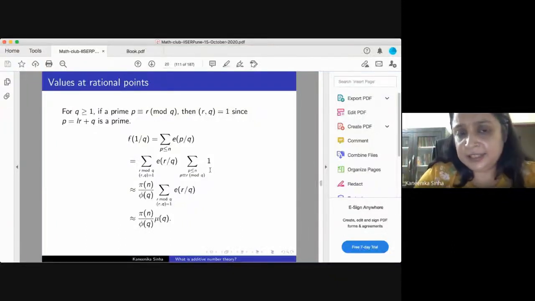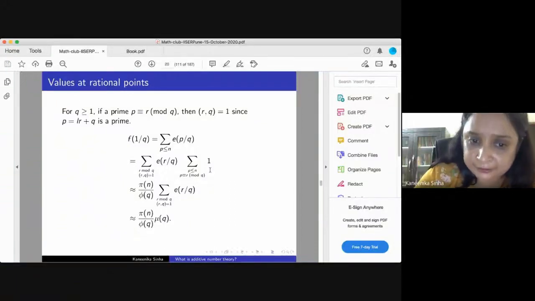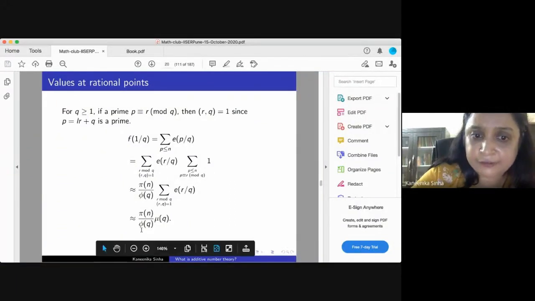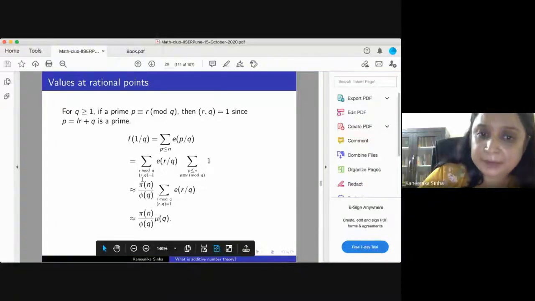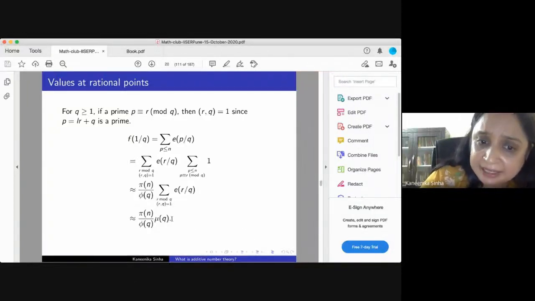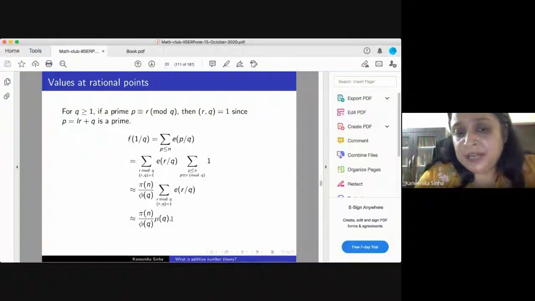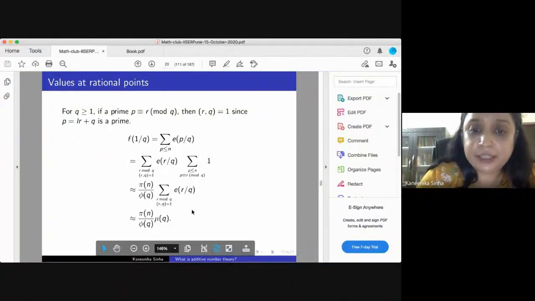And exactly as we did for q equal to 3, we end up getting pi of n over phi of q, where phi of q measures the total number of co-prime residue classes mod q, times a number which takes the value 1 or minus 1, depending on how many odd prime factors our number q has.